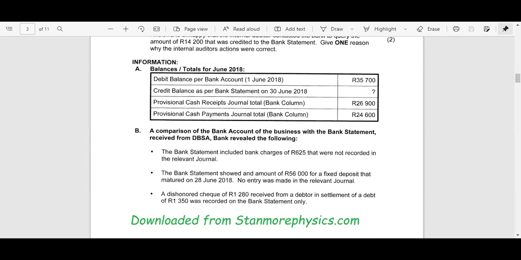Can you guys see, or should I increase my font? Let me increase it to 14 or something.